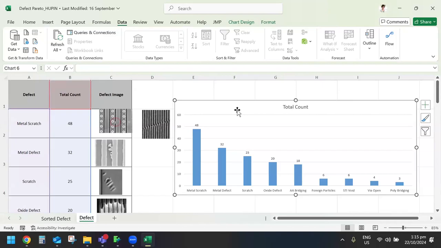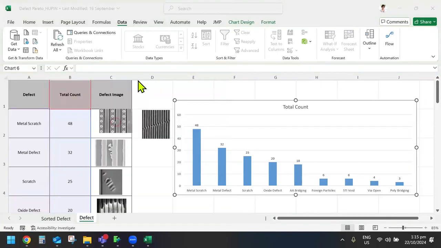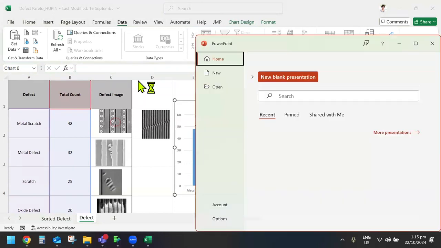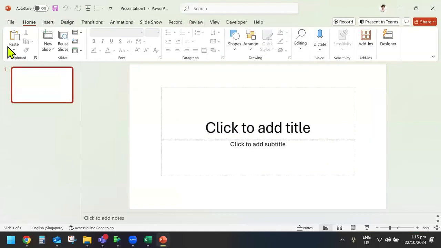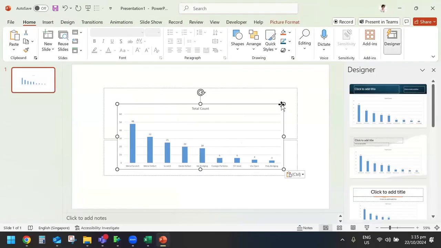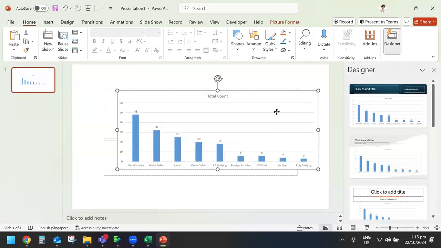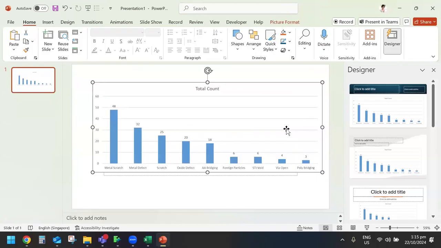So what I'm doing is putting it into PowerPoint. I copy my Excel into my PowerPoint. I start a new PowerPoint over here and paste over there. Let's assume I am a newly joined engineer or scientist. I'm not familiar with all types of defects, especially their image data.